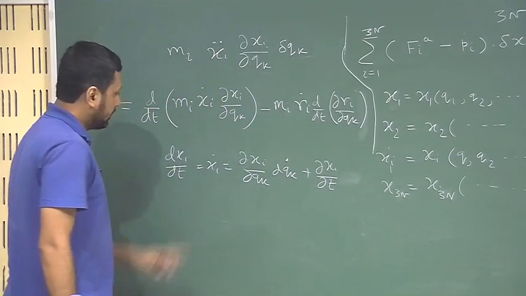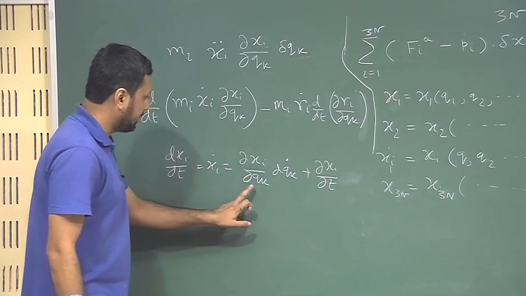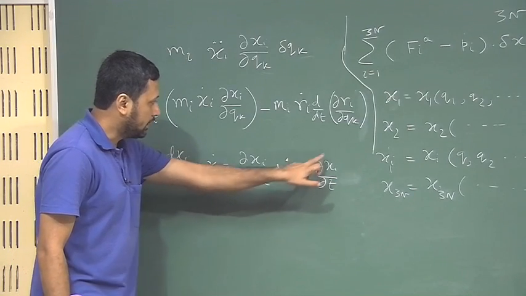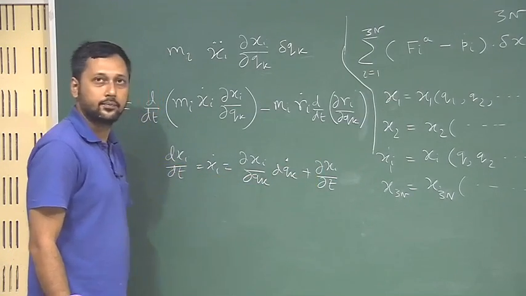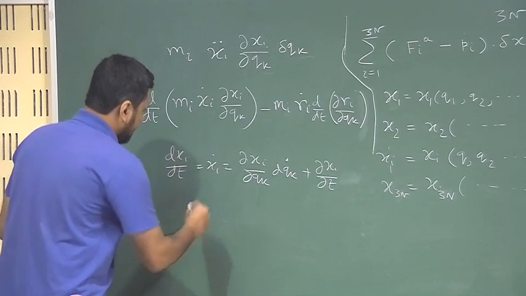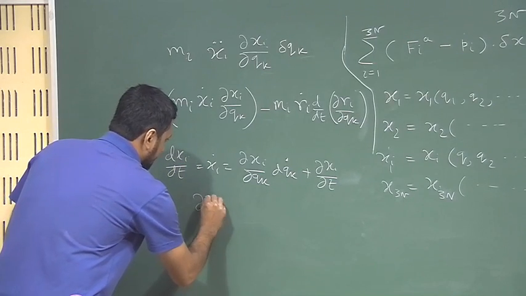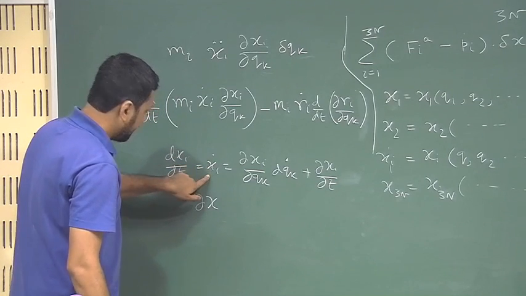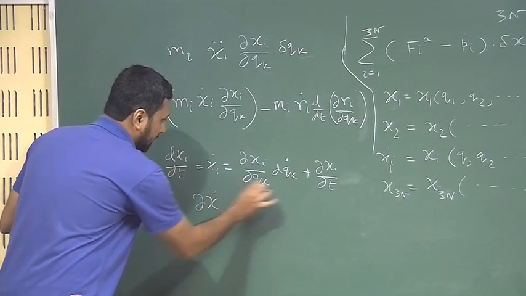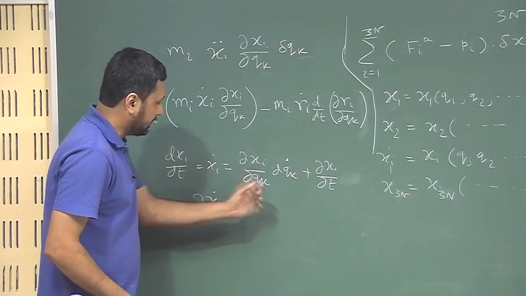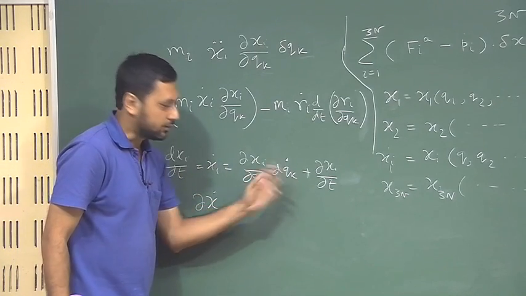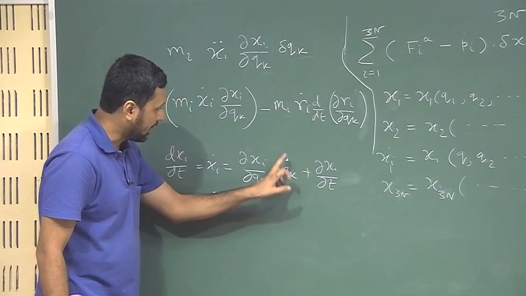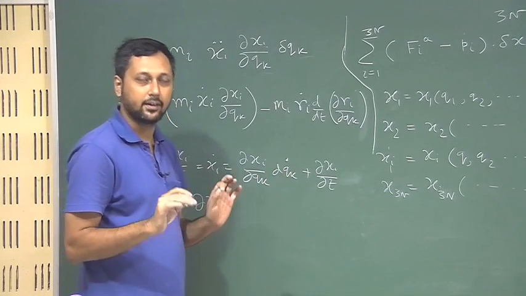So xi dot is equal to del xi del qk qk dot plus del xi del t. From here, I take another partial derivative of this velocity with respect to a generalized velocity. If qk is a generalized coordinate, then qk dot, the total time derivative of a generalized coordinate, is a generalized velocity.